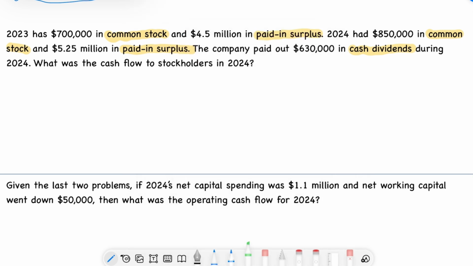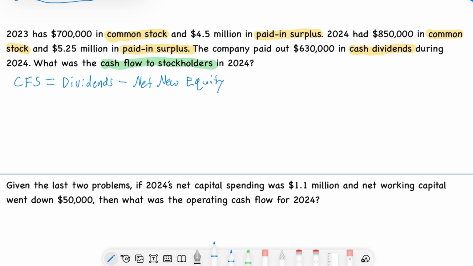We want to find cash flow to stockholders, and we have an equation for that. So our equation is cash flow to stockholders, we're going to abbreviate it CFS, is going to be equal to the dividends we pay minus net new equity.